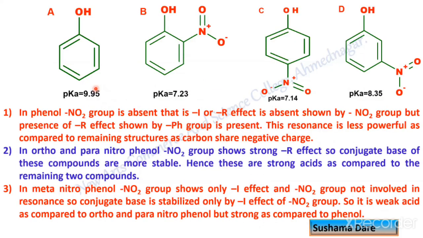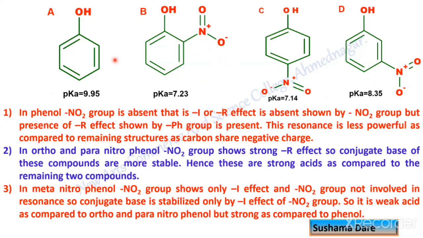Let us look at the next example. Now this is a phenol, and in the next compound, the nitro group is present at ortho position. In the next, again a nitro group at para position, and then a nitro group at meta position.